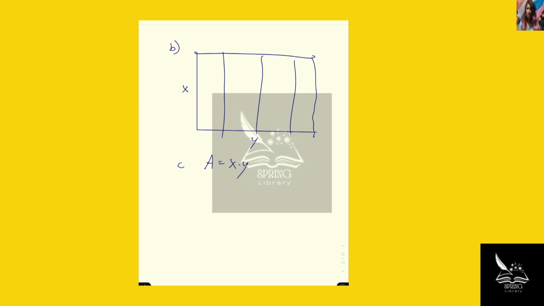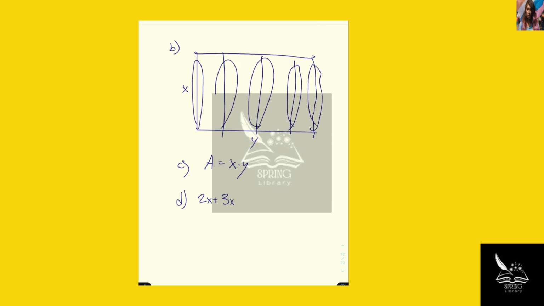That was C. So for part D, we let x be the length of the end wall and y be the length of the dividing wall. What we end up having is 2x plus 3x. So this is the 2x, and then there's the 3x right here, 1, 2, 3.